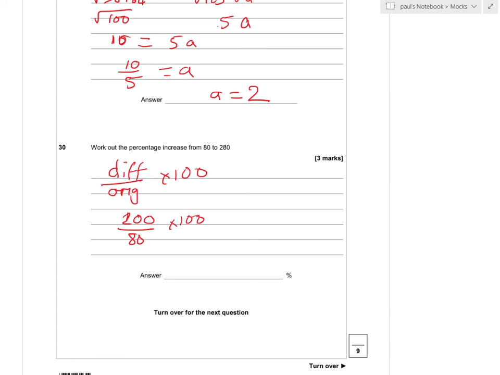Okay, so let's just cross some things out. 8 into 40, which is 5. So that's 0.5 times 100, which is 50%, I think.